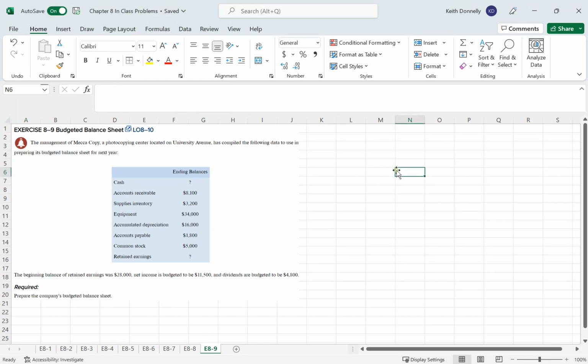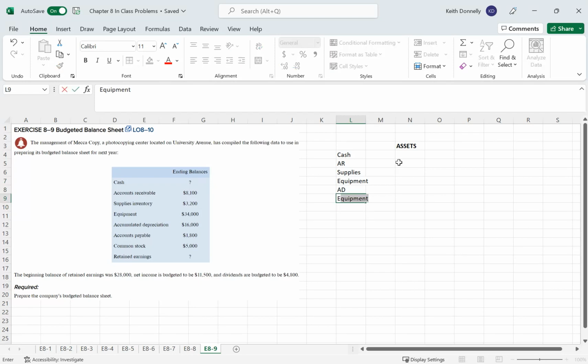So with this, let's start to list this out. Our assets, we're going to have our cash, our accounts receivable, our supplies, our equipment. We have to back out any accumulated depreciation on that. In the PP&E, you'll have your equipment and your accumulated depreciation.